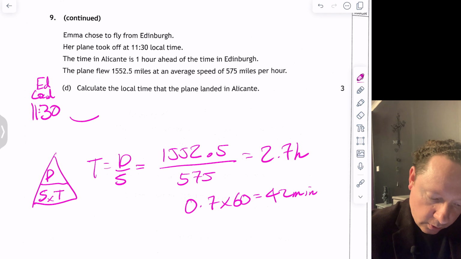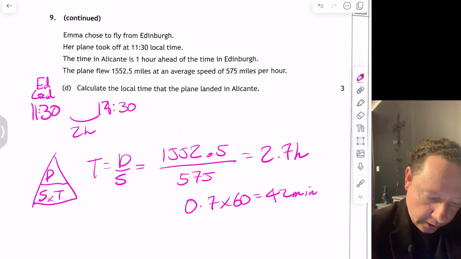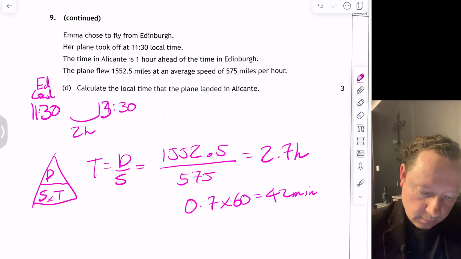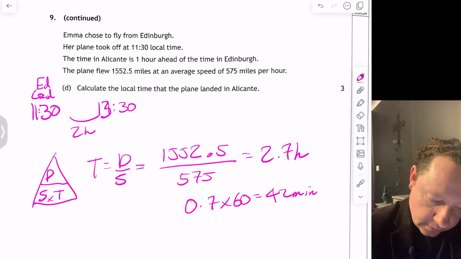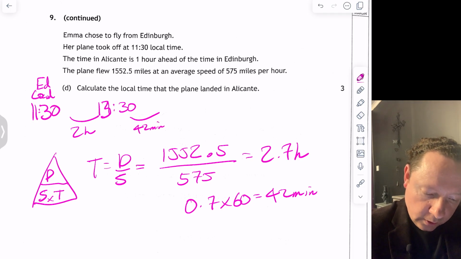So add 2 hours: 11, 12, 1, 30. Now, that was 11:30 local time, so I might as well put that in 24-hour time, so 13:30. And then 42 minutes. So add half an hour to get me to 1400, so that's 1412.